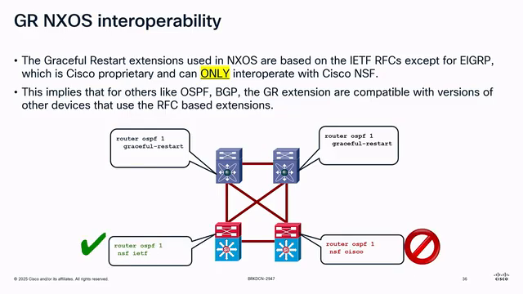I can only talk to the device on the left because it's configured in IETF mode. That one is configured in Cisco-specific mode, so it will only talk to Cisco-specific devices to be able to restore its state. Will we ever move away from it? Probably. But at this point, we do support it because some people have older legacy devices on the Catalyst. But for the Nexus devices, you don't have to worry about it.